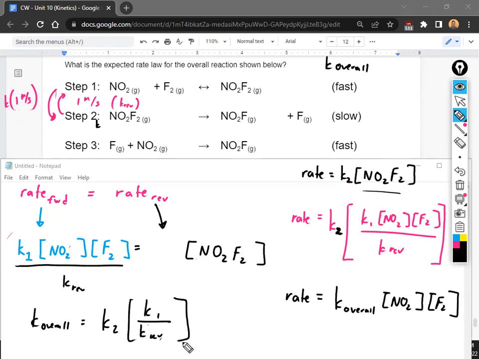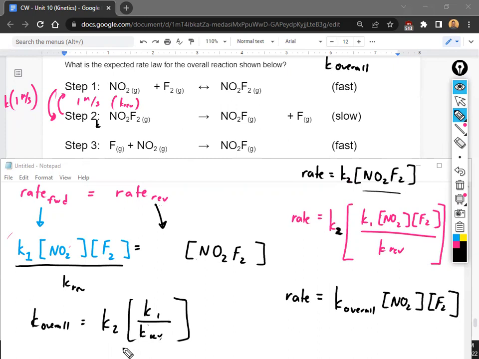Okay, this is the understanding that we need to have. So basically, if we plug in numbers, K1 is going to be, we said, 1 molarity per second, whatever K follows step 1 to step 2, and then the opposite for the reverse reaction.